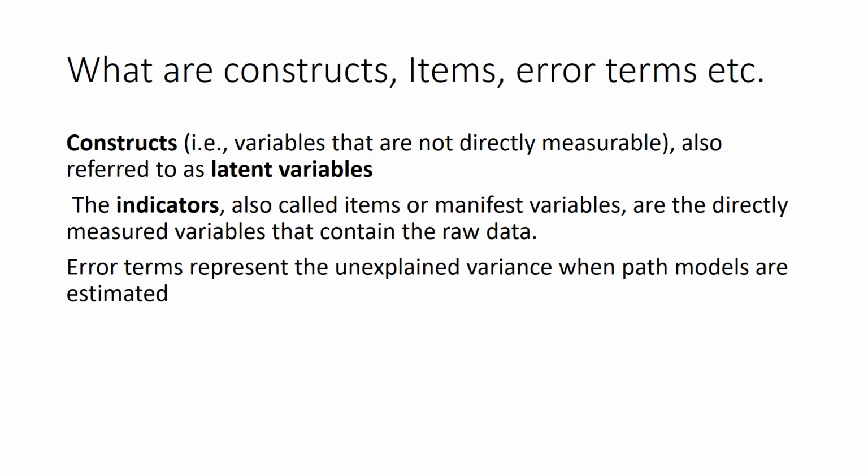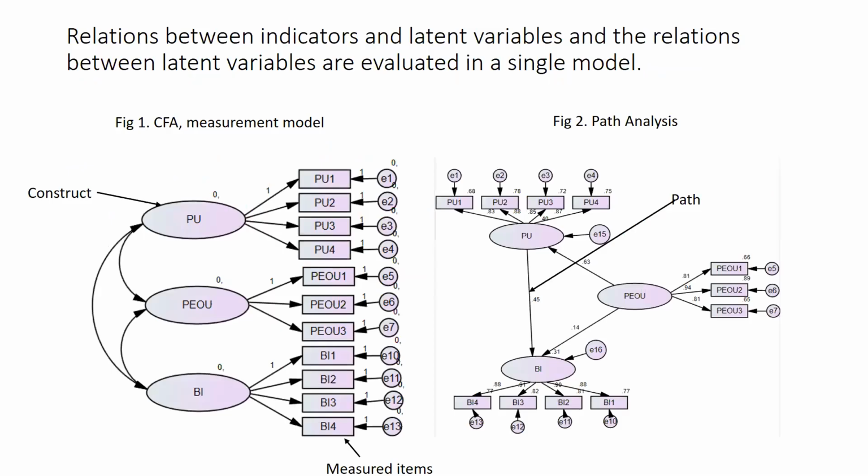That would be a scale which we would convert into a continuous variable. And finally, we have error terms. Error terms are nothing but your measurement errors, or the part of the measurement which cannot be explained, or the unexplained variance. So let's look at this diagram.